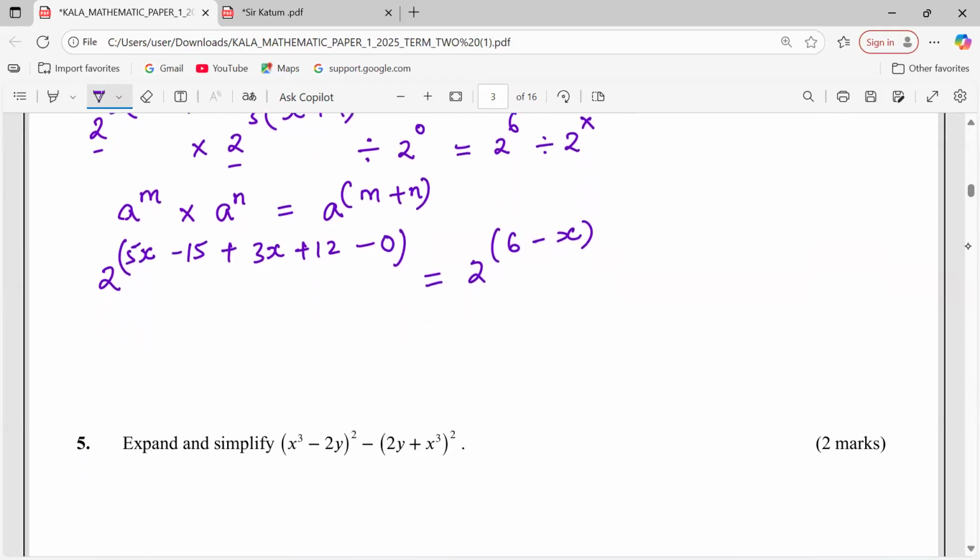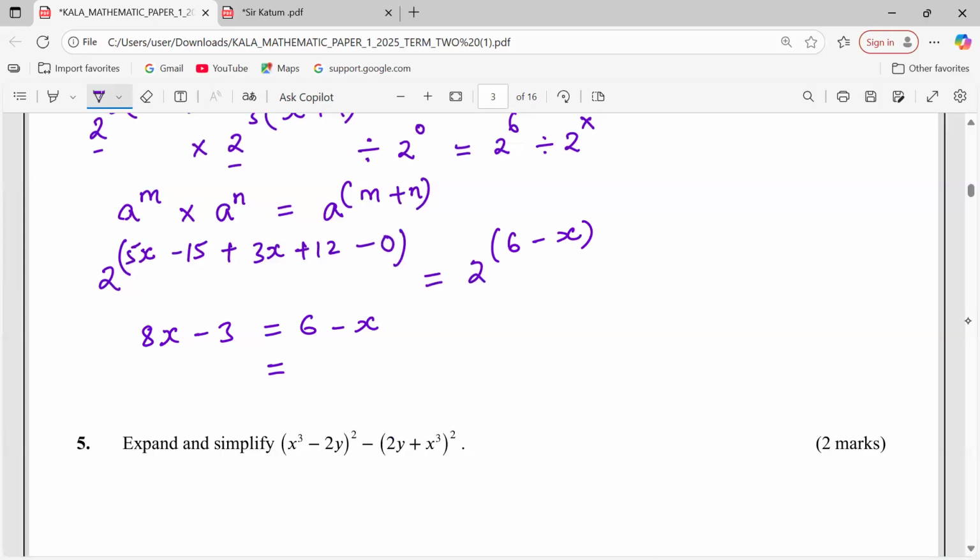So at this point, we can equate the powers since the base is the same. 5x and 3x gives us 8x. Negative 15 plus 12 gives us negative 3, equals 6 minus x. We can group terms.